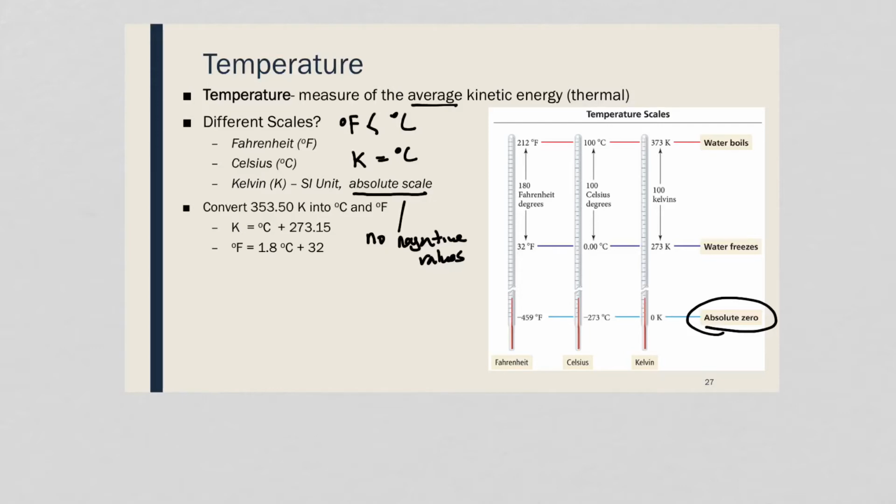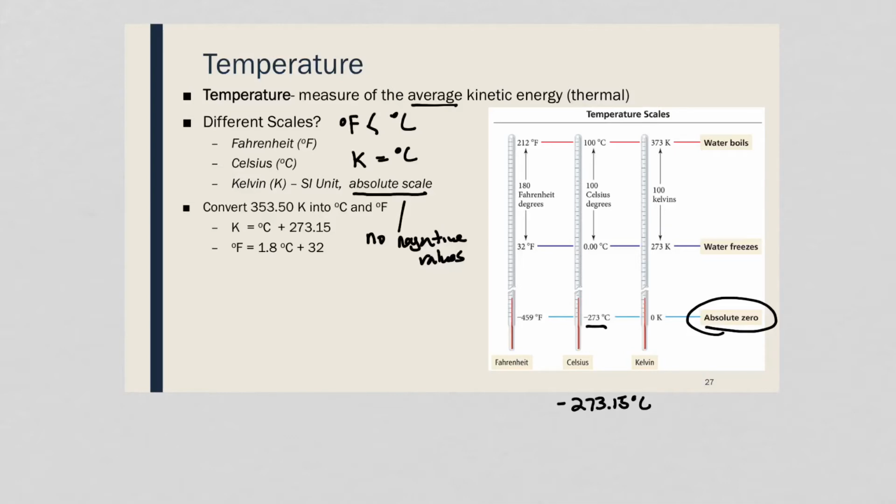Now, this is a theoretical temperature. We have not actually ever reached this temperature. We've gotten really, really close to it, but we've never actually achieved it. But there's large support for where this value falls. And so it was established that absolute zero would fall at negative 273 Celsius, or you might see it more precisely at negative 273.15 degrees Celsius.